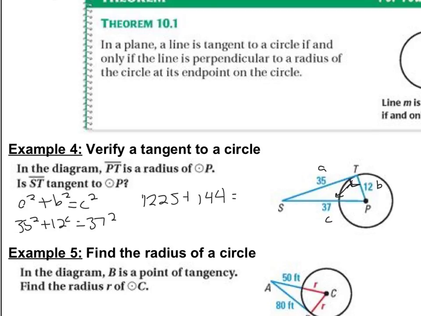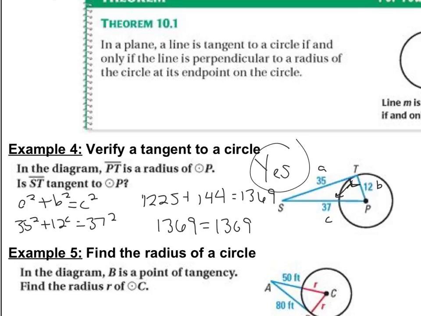And 37 squared is 1,369. When we take 1,225 plus 144, we get 1,369. They equal each other. Therefore, the answer to this is yes. ST is tangent to that circle.